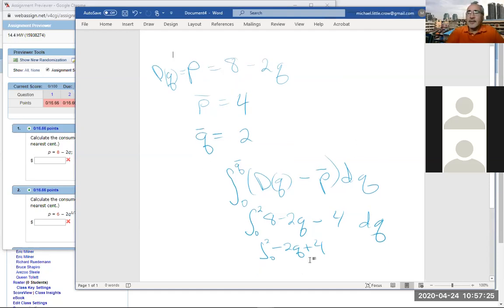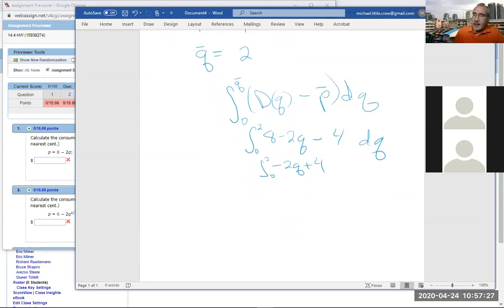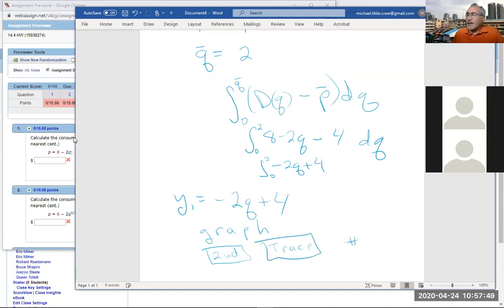I can just walk you through it. y1 would be the integral. You graph it. You do second trace, which is the calc function. And then you do number 7, which is the integral function.